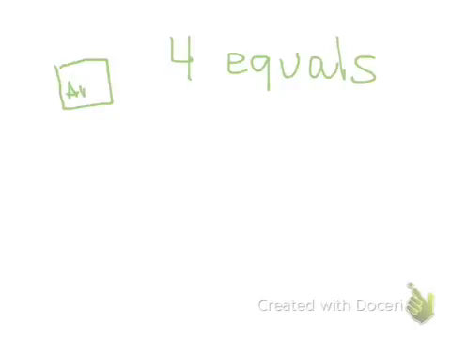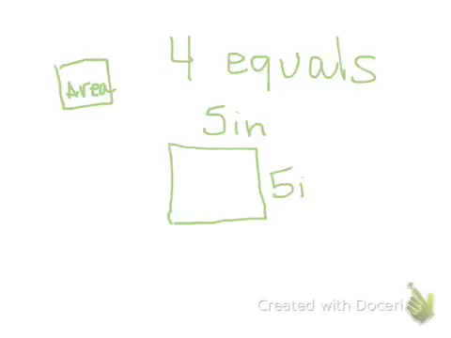Remember, the perimeter is outside, area is the inside. So, for example, let's say that I have a square and its measurement is 5 inches. If I'm given that one dimension is 5 inches, I know that all the sides of my square, because they're four equal sides, have to also be 5 inches.